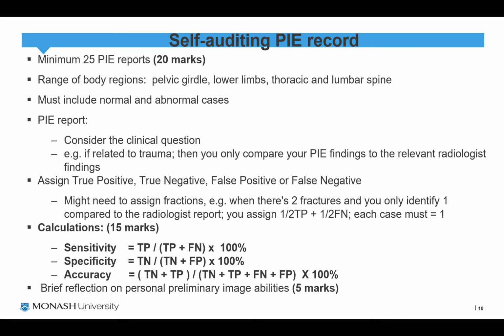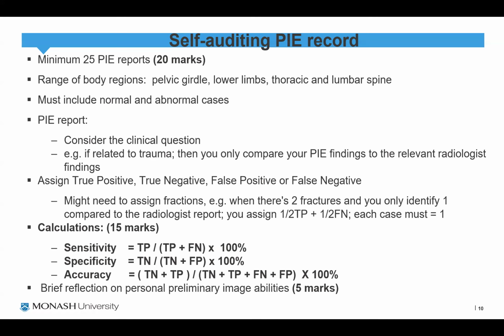Now, I've already talked about the PIE report. So where there's a true positive or true negative, you need to assign it for each case and write it at the bottom of that case in your case report as well. And so you might need to assign fractions, as mentioned. For example, if there are two fractures and you've only identified one, it means you've only identified half of that.